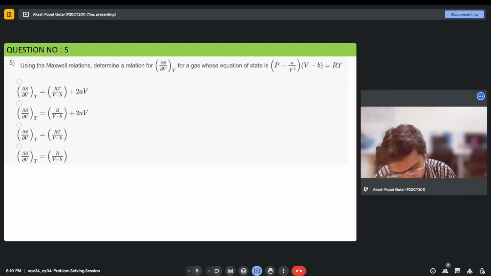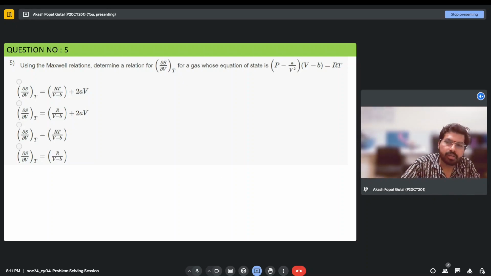So we need to use Maxwell's relation. If you see the equation, it is in the form of P, V, and T, but we need to find the change in entropy per change in volume at constant temperature, which is not given in this equation.